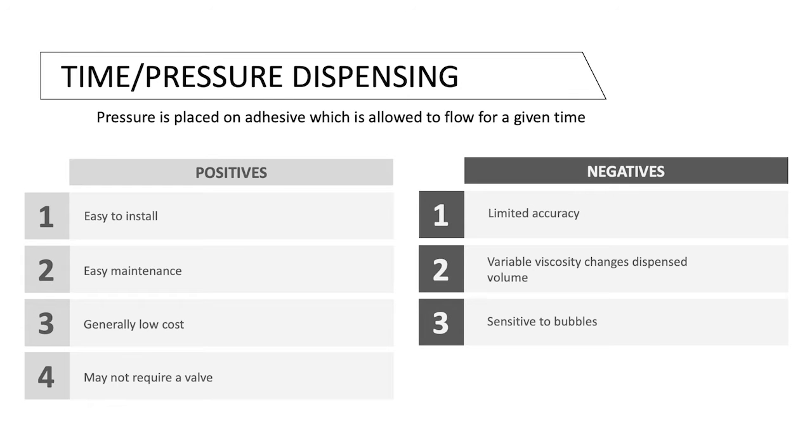Now we're on to what I consider the most common silver-filled application dispensing method, and that is time pressure dispensing. That is to apply a pressure onto a syringe full of adhesive and to allow it to flow for a given time into small dots, for example.